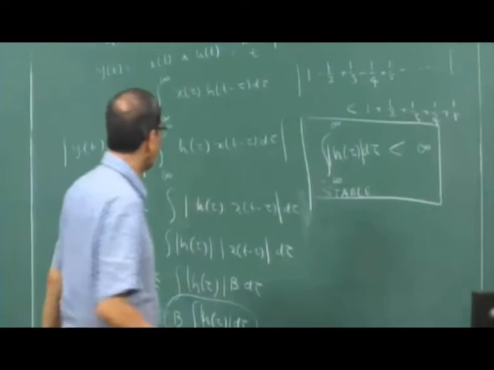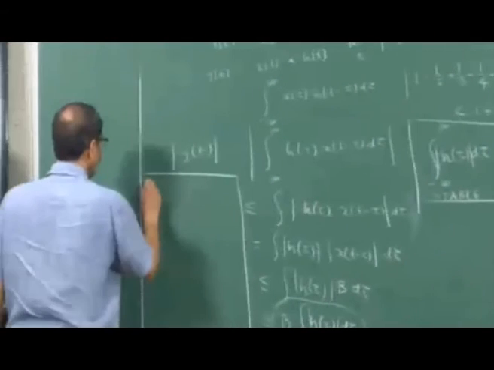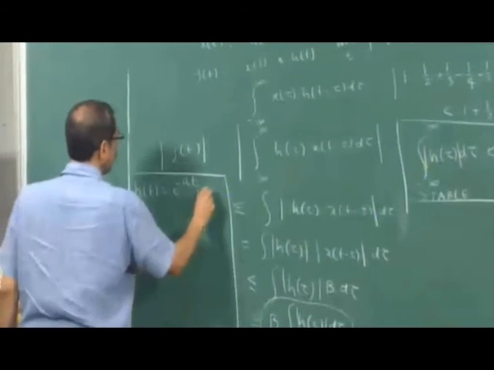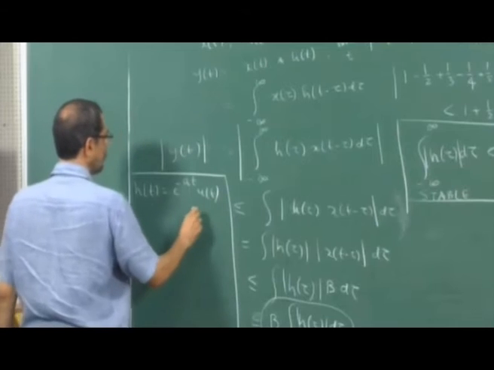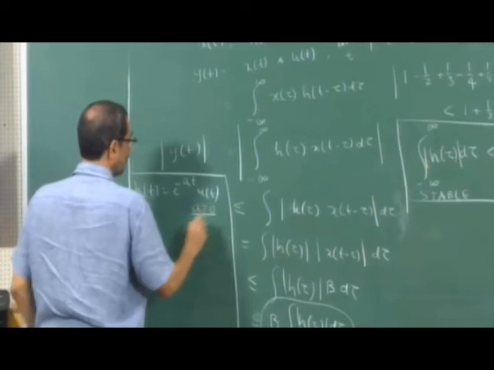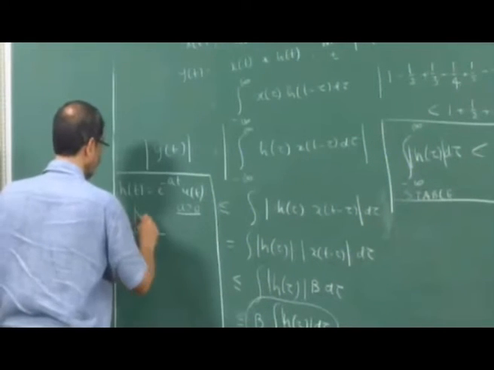So the question is, if h of t is of the form a of t u of t, where presumably a is positive, then this is a decaying function.